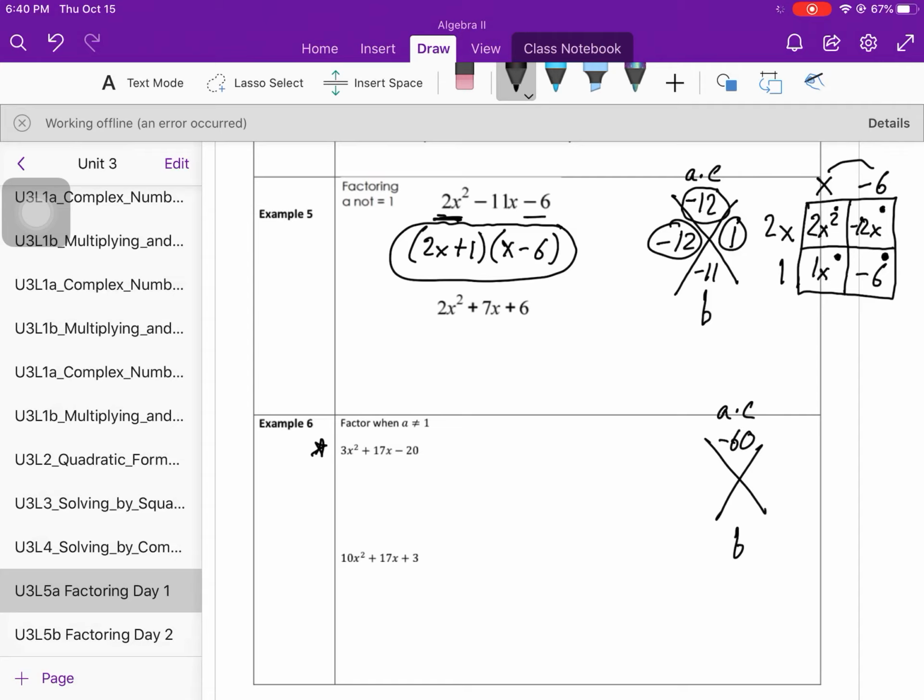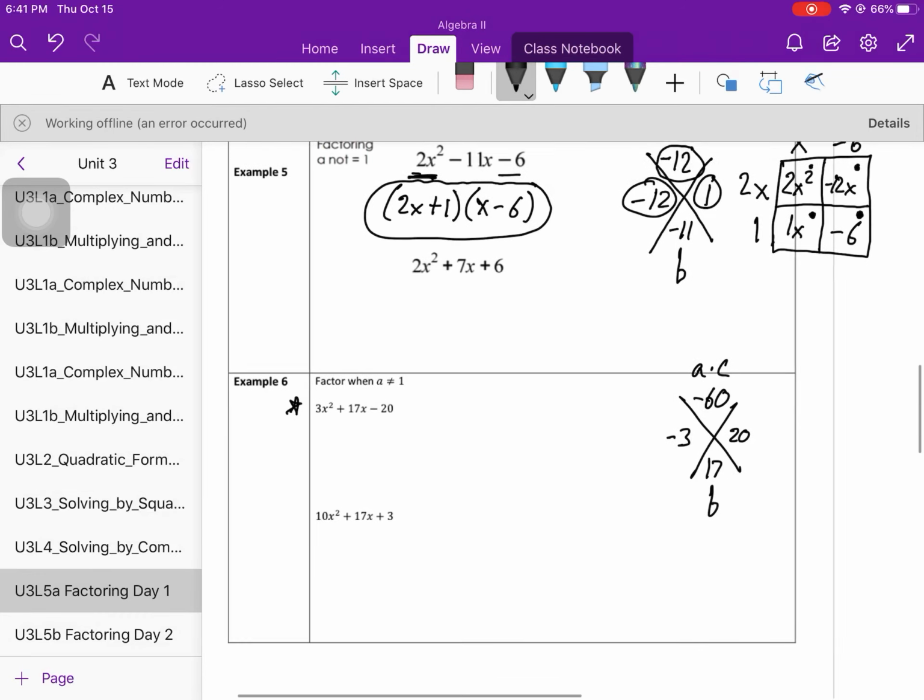So a times c, 3 times negative 20 is negative 60, and then the b value is positive 17. So factors of negative 60 that combine to make 17: 1 and 60, 2 and 30, 4 and 15, 3 and 20, which you probably noticed right there. 3 and 20 is what we got to combine here.